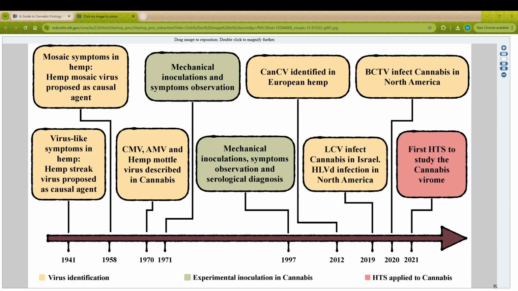2019, fast forwarding from 2012 to 2019, we see LCV infect cannabis in Israel and HLVD infection in North America. So 2017, 2018 was the recreational boom. And we can see the numbers are starting to kind of stack up. As things become more regulated by the government, it's opened up for medical use.